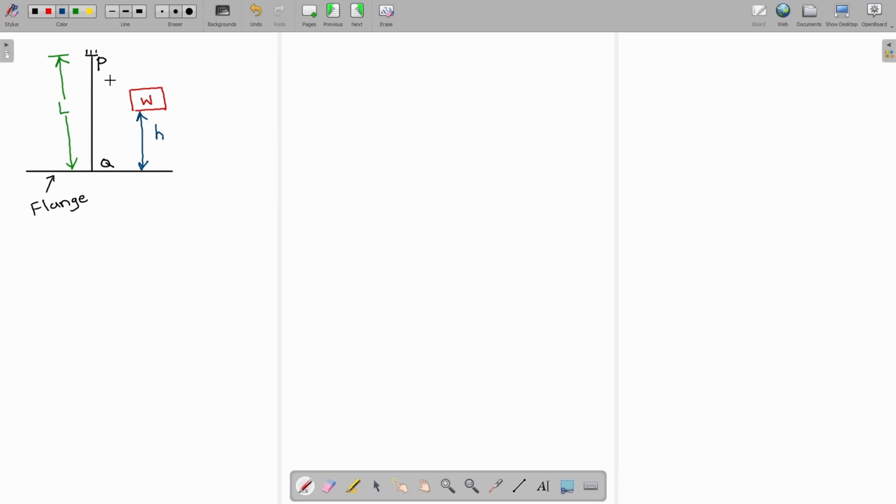Now what is happening here is that when the weight falls from a height H to the flange, the weight transfers its gained potential energy to strain energy in the rod, this flange rod. So let me write it like this.